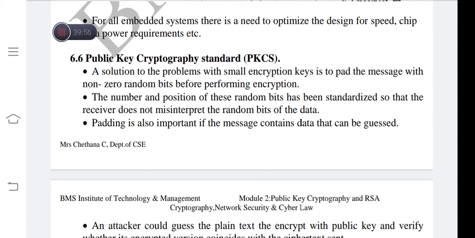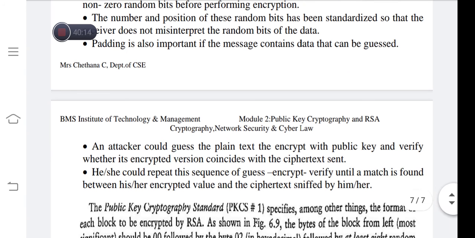And here the padding is also important if the message contains data that can be guessed. If the data is very easily guessed, then for that type of data the padding can be applied.